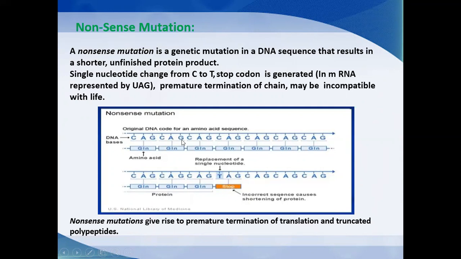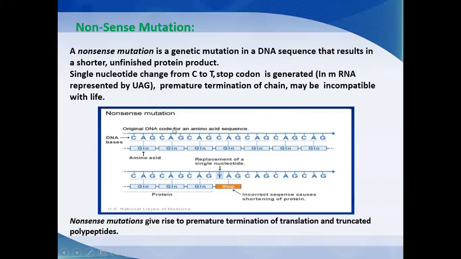But during replication, a mutation suddenly takes place in the DNA molecule by nucleotide change or replacement. A single nucleotide change from C to T, a stop codon is generated in mRNA, represented by UAG. This causes premature termination of the chain and may be incompatible with life.